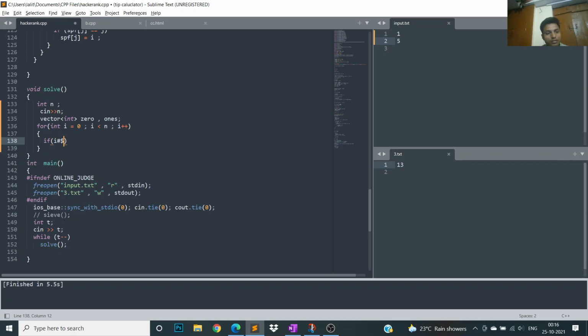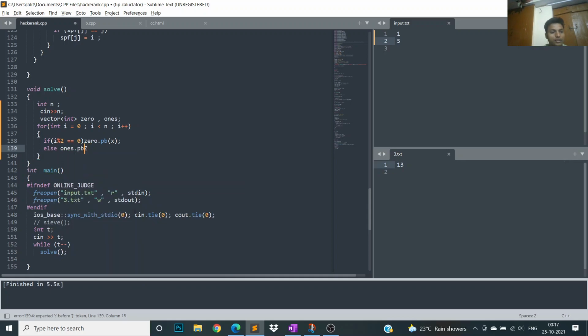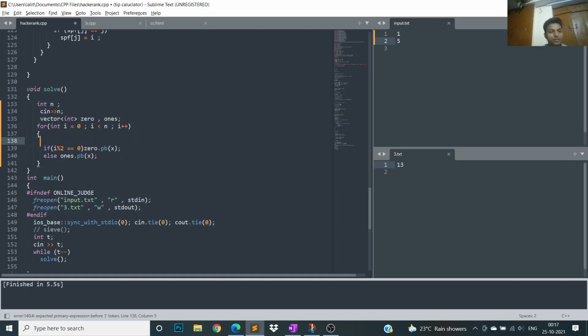If i is 0, then zeros dot push back x, else ones dot push back x. Okay, and x.